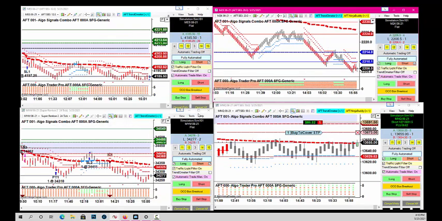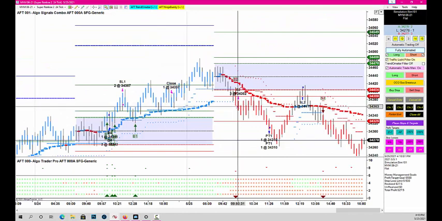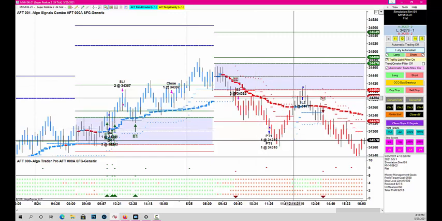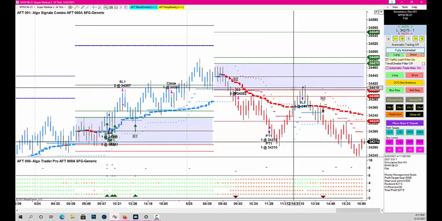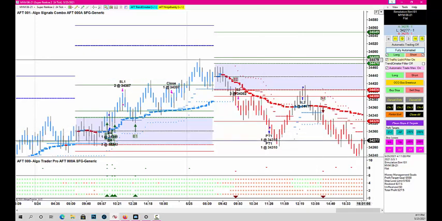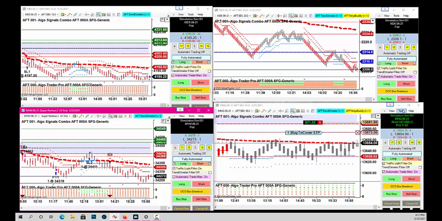Our MYM here, that one, we got 2 contracts off at the first target, and then we stopped on the second contract. Lost about 27 bucks on that last contract. All right, but still overall profitable trade there. And once that happened, then I shut off the automatic trading, and that was done for the day.